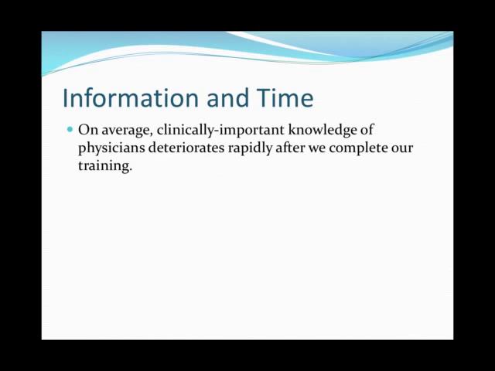So we've already discussed this, but a lot of times doctors know a lot of information, especially during residency or right after residency, but it's really hard to keep up to date with the information. And a lot of doctors just decide that it's not important to them. But a lot of times this knowledge will deteriorate pretty rapidly over time.